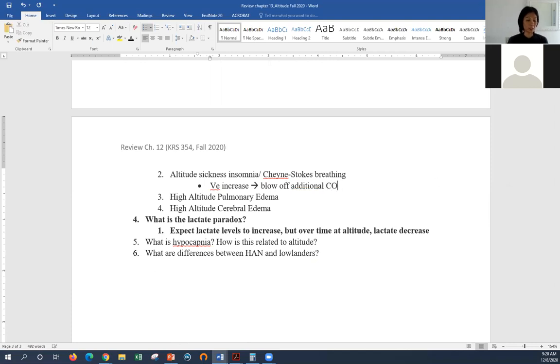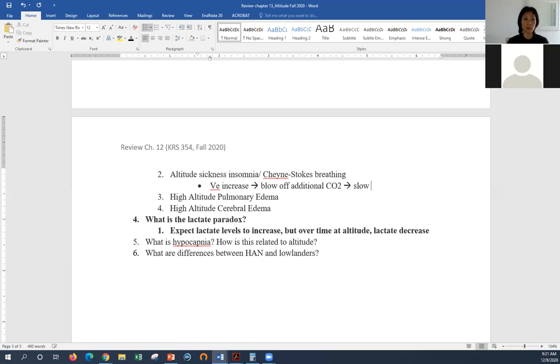Do you recall when we talked about shallow water blackout and breath holding prior to diving down underwater to increase the length of time that you could hold your breath? We talked about how your ventilation is very closely tied to the levels of CO2 in your blood. So as we hyperventilate, we blow off too much CO2, and your chemoreceptors detect this. As a result, they slow down ventilation, right?